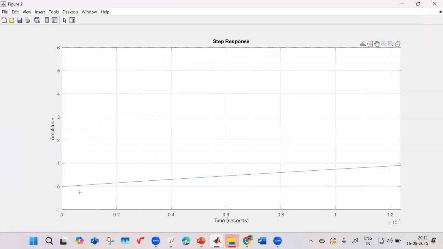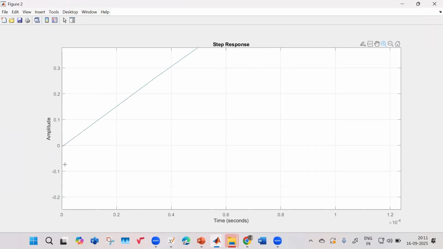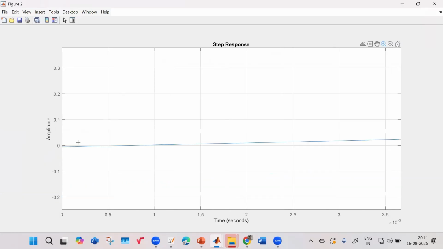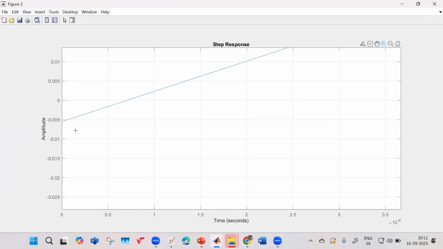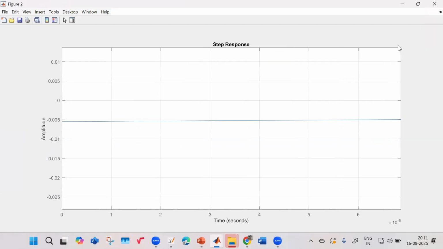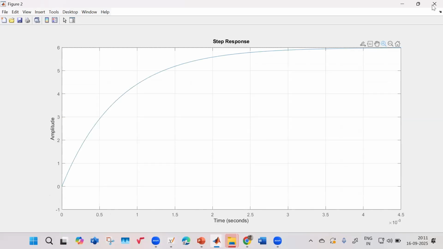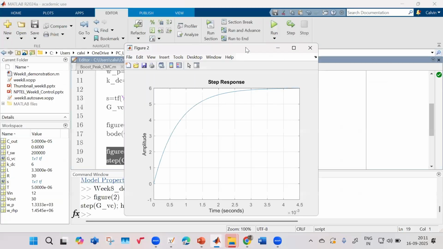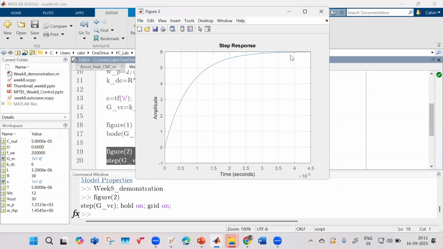If you see this initial part, initially there will be a dip. You know why it's not showing the initial dip? See here. Let me change the scale.